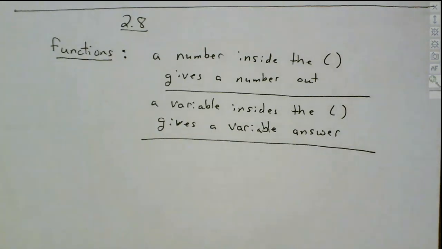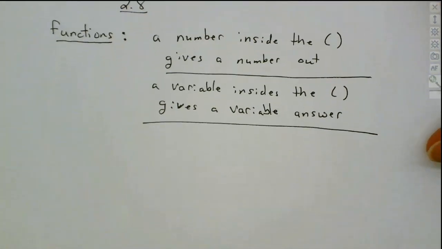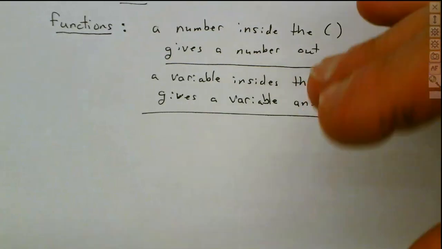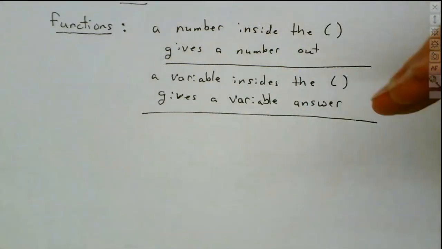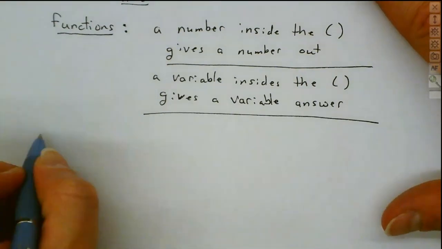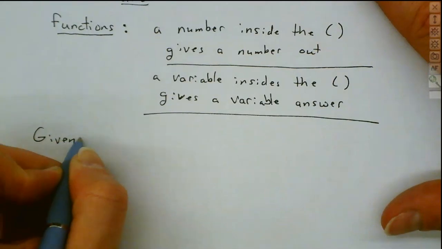So now how these work is I'm going to give you some functions and you're going to evaluate them down. So we can do addition, subtraction, multiplication, and division. So I'm going to give you two functions. We'll do numbers first. So here's what I'm going to give you. You're going to be given these two.